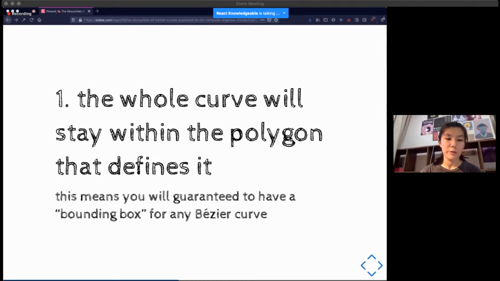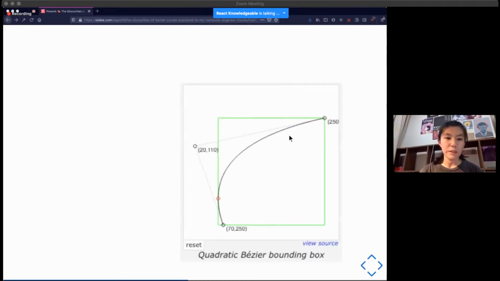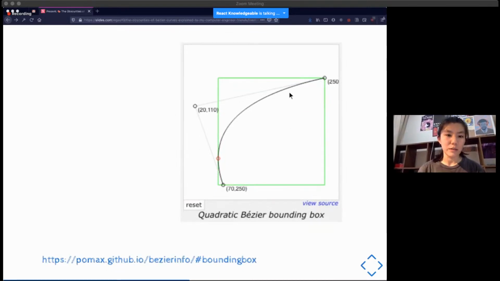You do need some computation, like the bounding curve for this curve will not be the exact control polygon, but you can still figure this out with some simple calculation. So yes, you are guaranteed a bounding box for the curve.